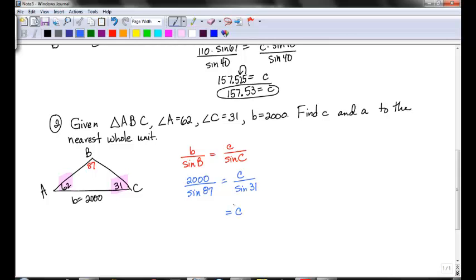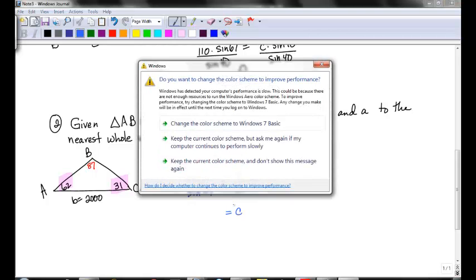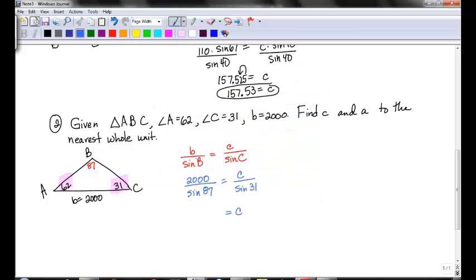Now, from there, cross multiply. On the calculator, take 2,000 times sine of 31. You're either going to have to close the parentheses and then press enter, and then divide by the sine of 87.